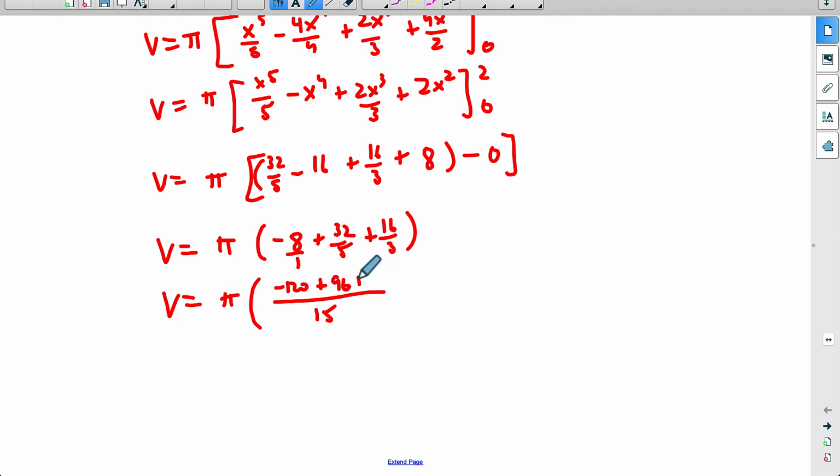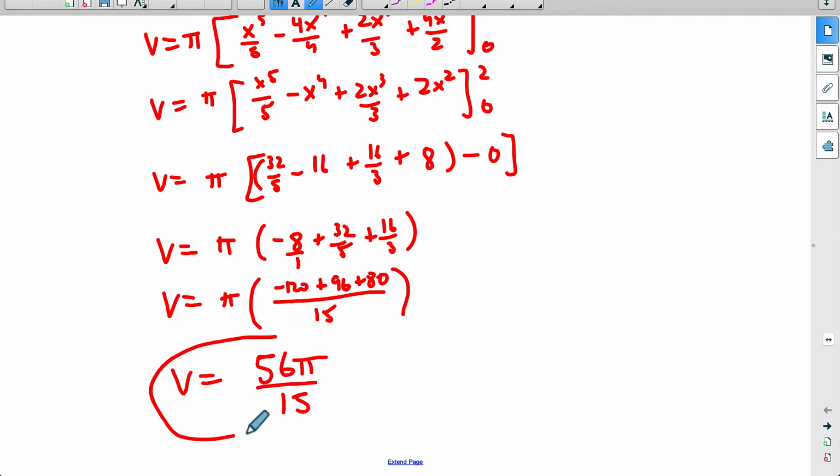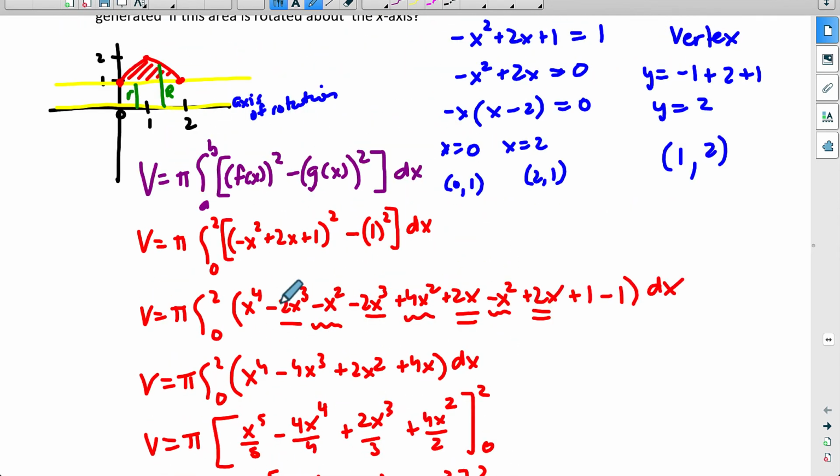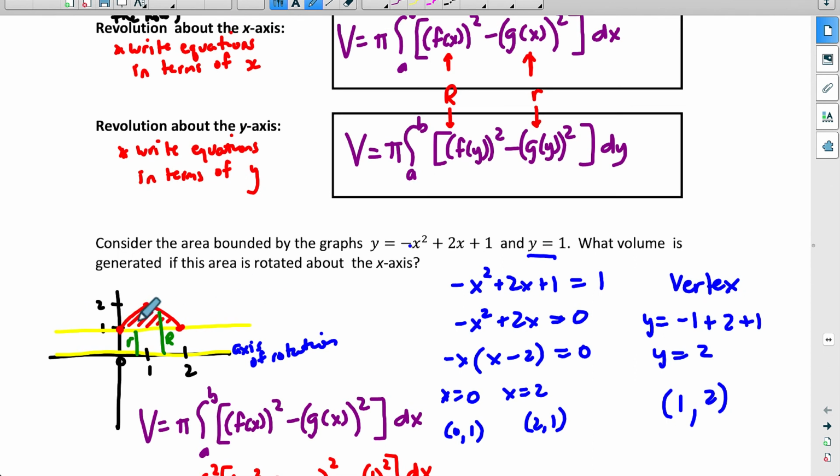And multiply by 5, you get 160... rather, 80. So if you add the 96 and 80 together, you get 176. Minus 120, you get 56. Times pi. So 56 pi over 15 is the exact volume of this shape when you rotate it around the x-axis.